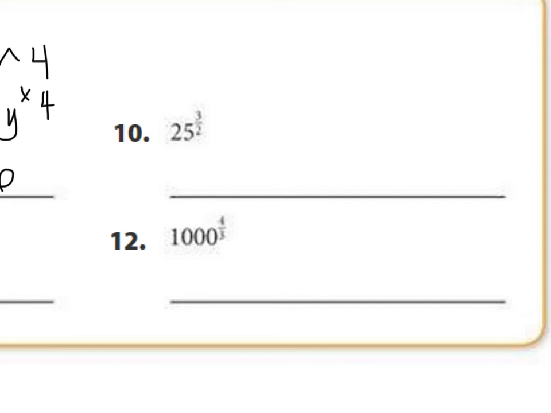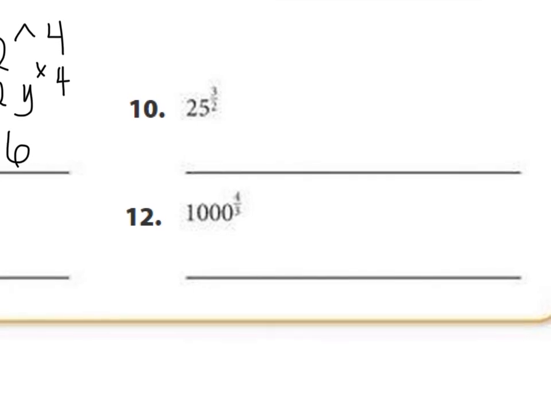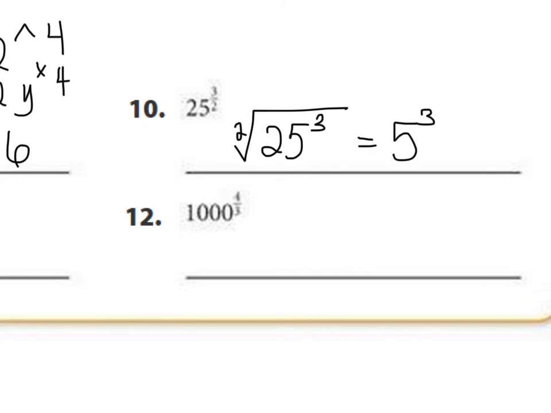So 25 to the 3/2 should have been set up like this. And again, you don't have to put that 2 there. The square root of 25 is 5. Cube that 5, and we are at 125.